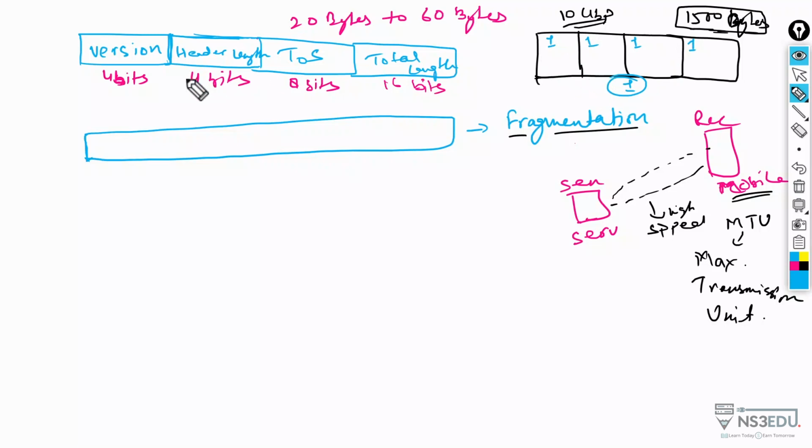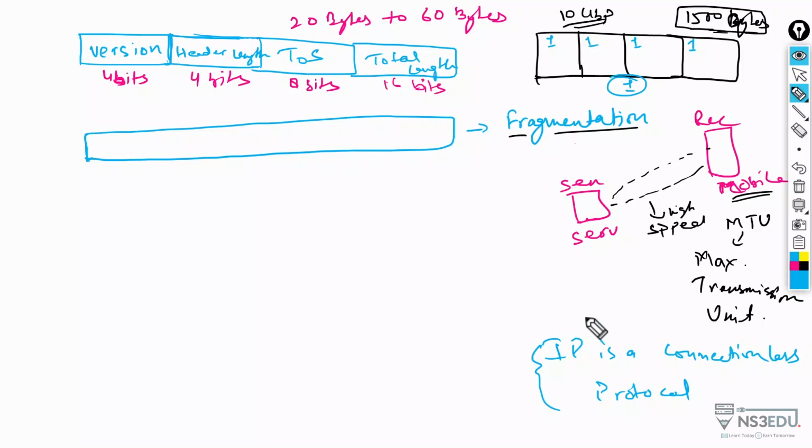Now IP is a connectionless protocol. A connectionless protocol is a protocol that does not have any guarantee that it will be able to definitely send your data, or that the sender will get an acknowledgement of the receiving of the packet.